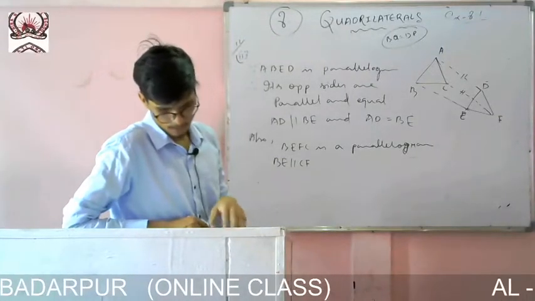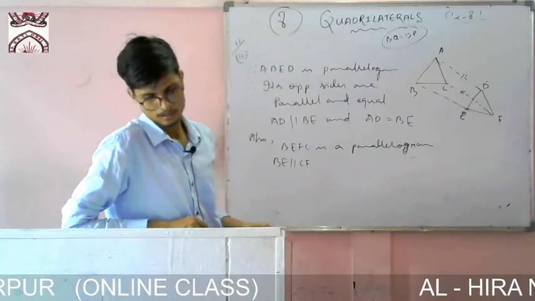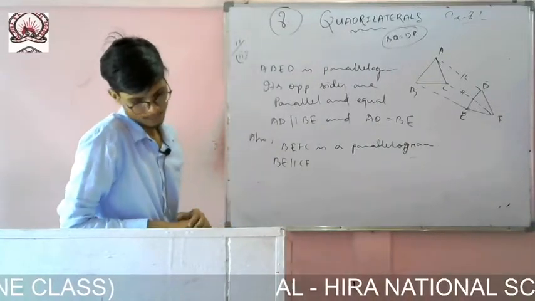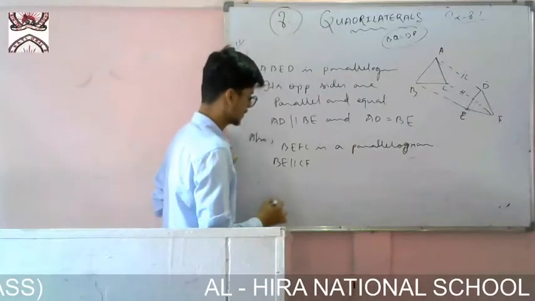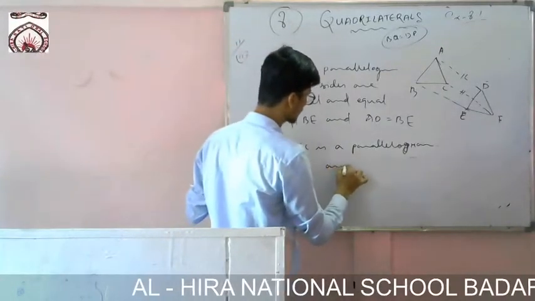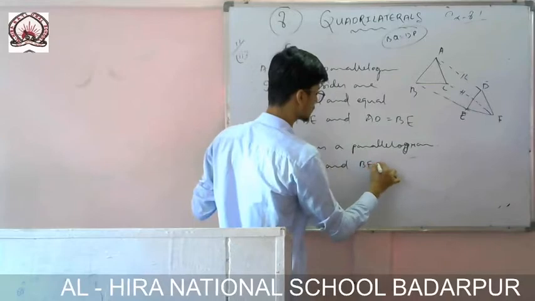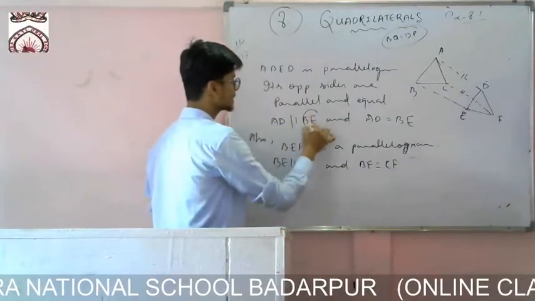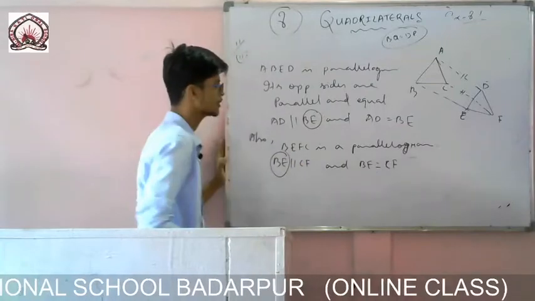In your question, what you have proved in the next Roman number 2 was that BEFC is a parallelogram. So BE is parallel to FC, and BE is equal to CF. So BE is parallel to AD also, and BE is parallel to CF also.